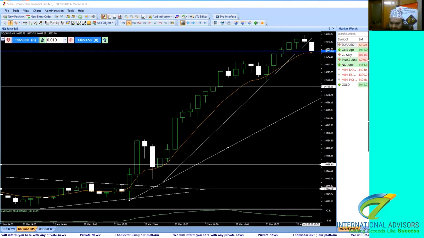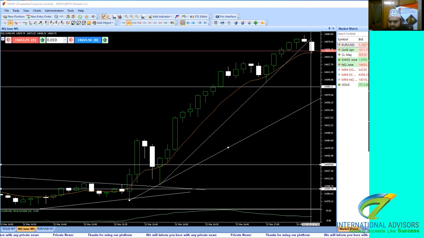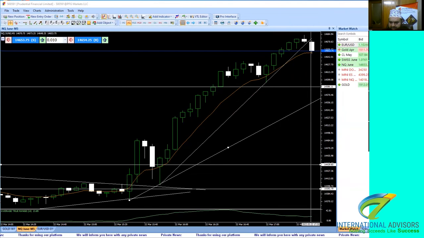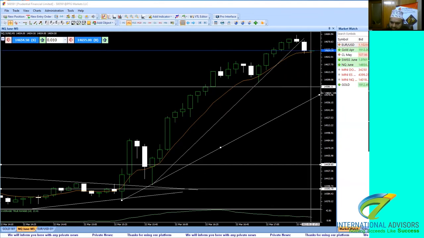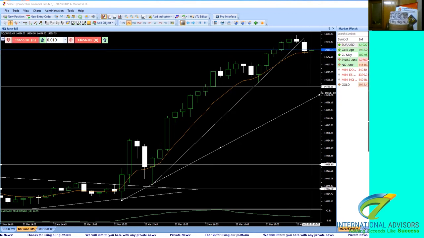Somebody please calculate. 200 divided by how many points are these? The difference between SL and the opening price. Your SL was at 92, and 66 was the price. Let's make it 60, so 26 points. So divide by 26, times 20, because the point value is $20.